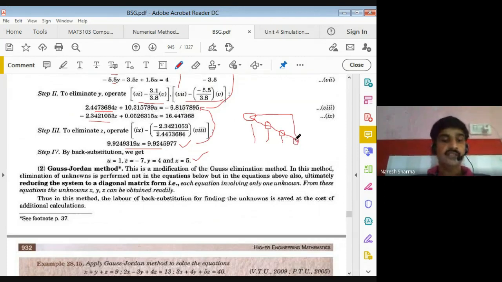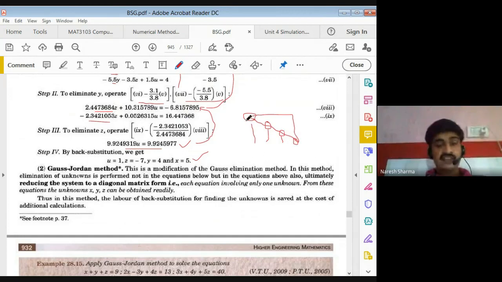Similarly, in the Gauss-Jordan method, in the first step we make the lower elements 0, and in the second step, with the lower elements, you also convert the upper elements into 0. With the third element, you also convert the upper elements into 0, and this also we can convert upper elements into 0. That makes a diagonal matrix, that is, the diagonal elements are non-zero and all remaining elements are 0.